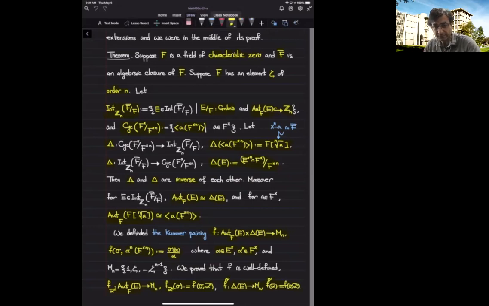So what is lambda? Lambda of the cyclic group generated by the coset that's represented by A is nothing but the field generated by F and the nth root of A. And this symbol nth root of A is nothing but a zero of x to the n minus A in the algebraic closure that we have chosen.